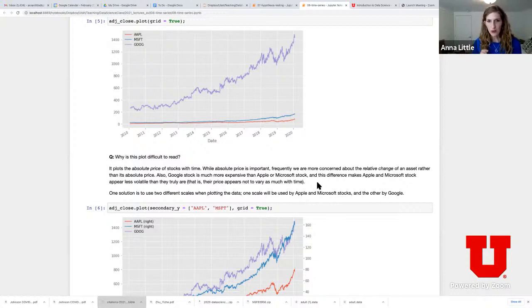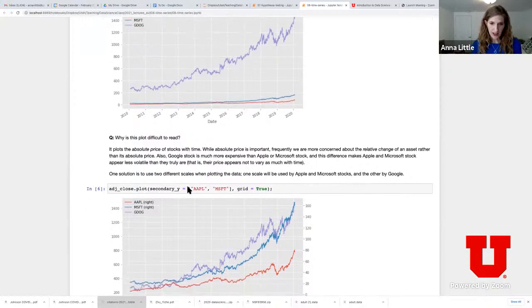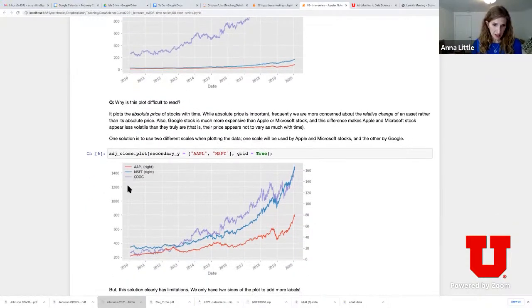Okay, so one thing that you can do to try to look at this at different scales is to use a different y-axis for some of the stocks. So what we can do here is use one y-axis for Apple and Microsoft, because those are really small, and then use another axis for Google. So here we define a secondary y-axis. You can see this is our Google axis, and this is our Apple and Microsoft axis.